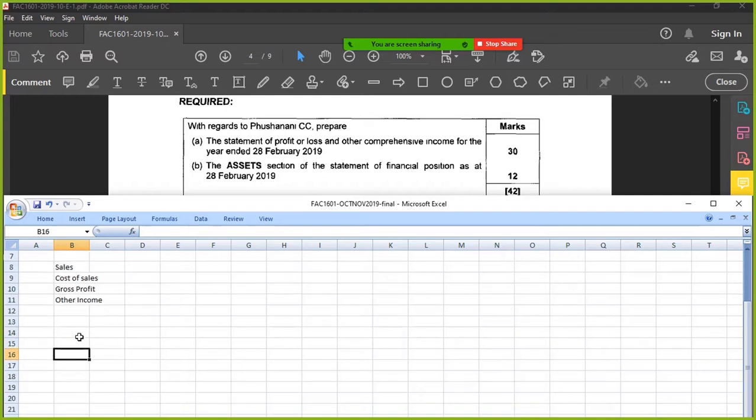Okay, and then other expenses. Okay, because this is a CC, I am going to have financing costs. I'll have profit before interest and tax, just to show the additional disclosure. Interest or financing costs, you can write that down there. Then profit before tax.